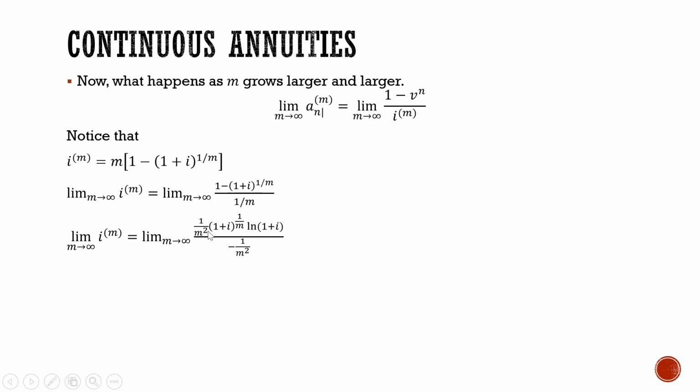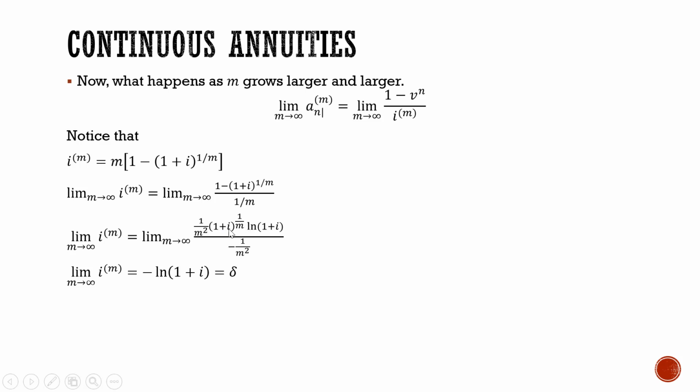Now we see 1 over m squared and 1 over m squared cancel out. So we have negative 1 plus i to the 1 over m times natural log of 1 plus i. One thing you need to remember: when m goes to infinity, 1 plus i to the 1 over m goes to 1.